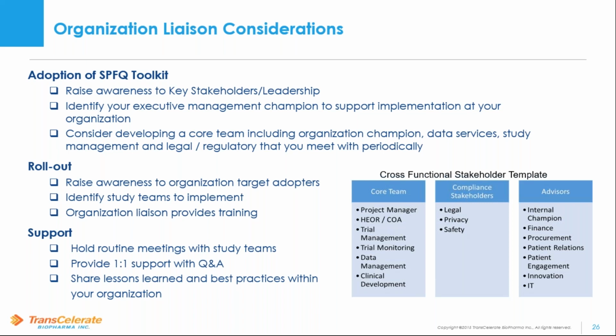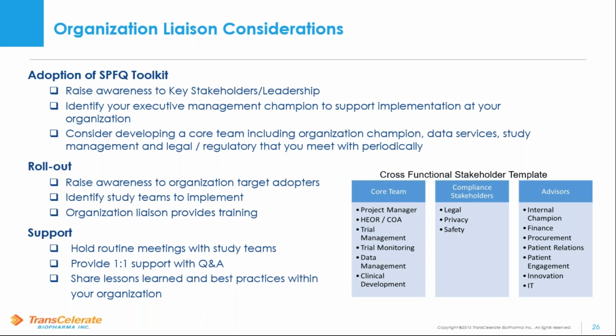The other thing that has been found to be helpful is to create a core team that includes the key people that operate on any clinical study, and have those core team members meet regularly and give advice, even if they're not working on a particular study. And then the other thing that we suggest is to have the liaison help roll out the SPFQ Toolkit.